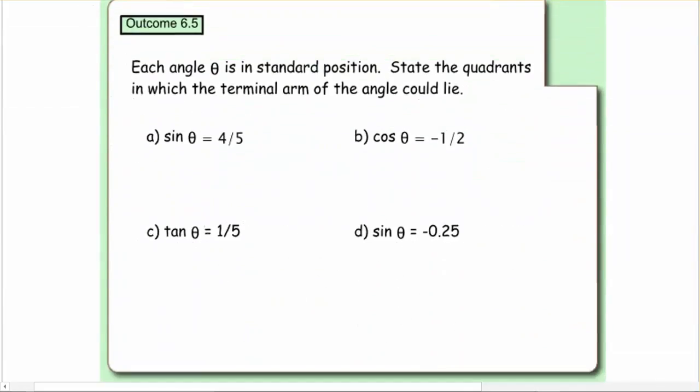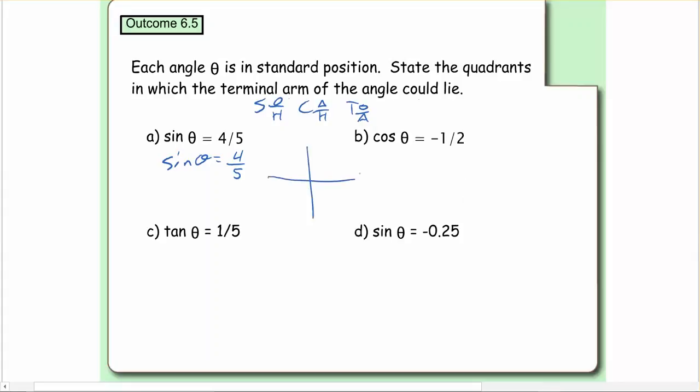So the first one, we've got sine 4 over 5. Remember, with SOHCAHTOA, sine was opposite over hypotenuse.